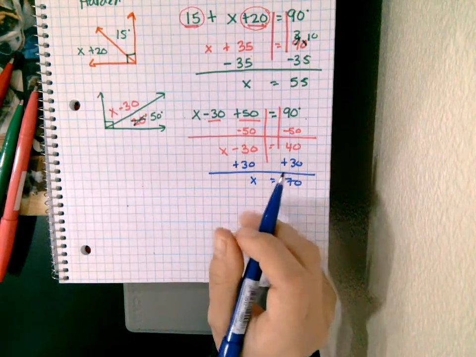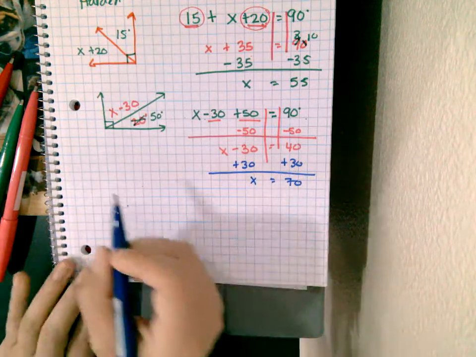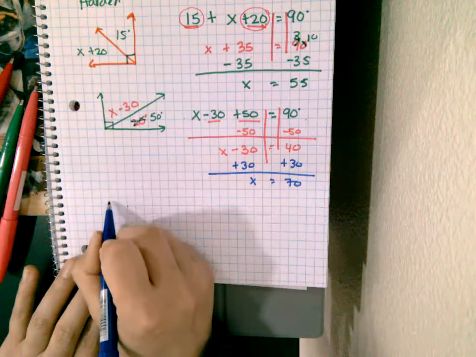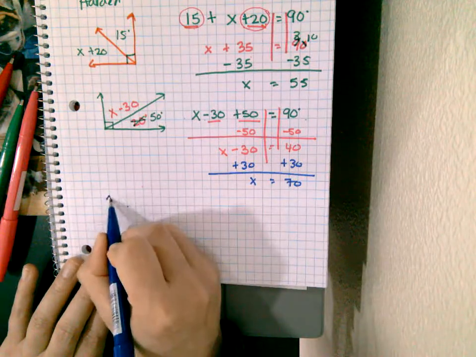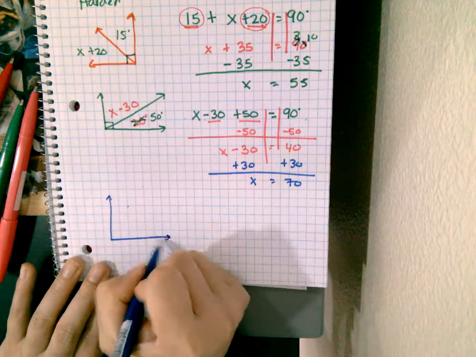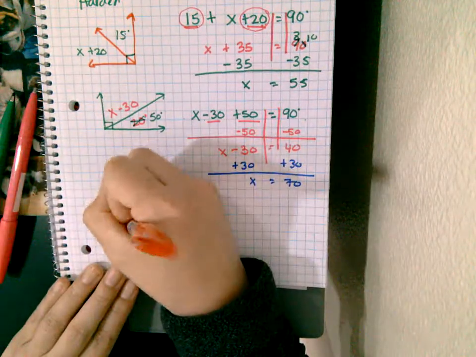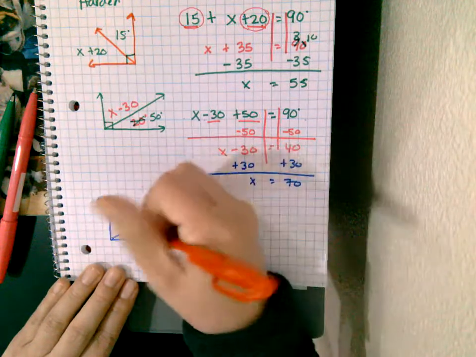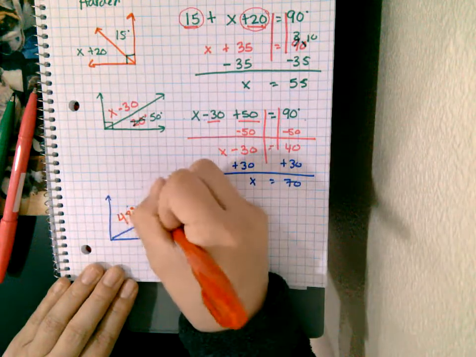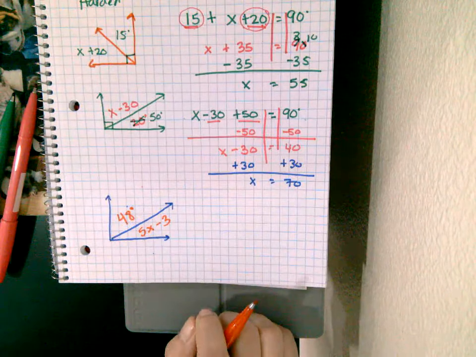All right, now let's do one a little bit harder. We have 48 degrees on the top, and then 5x minus 3 on the bottom.